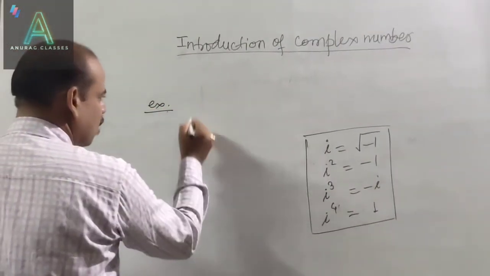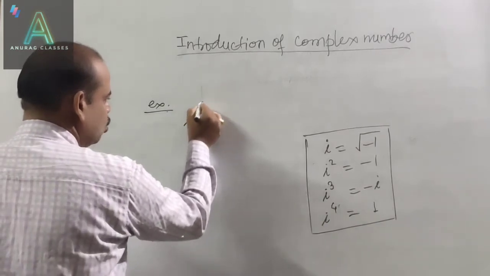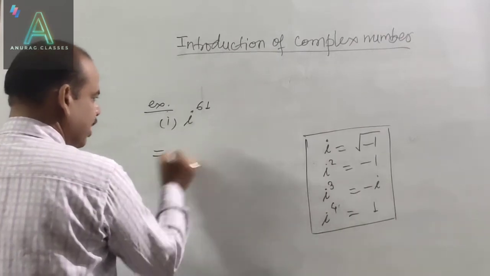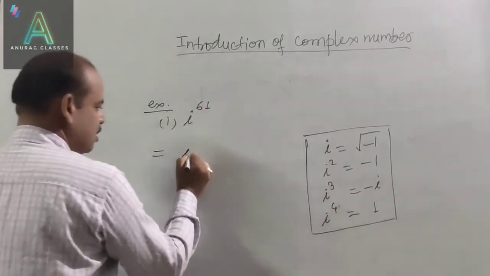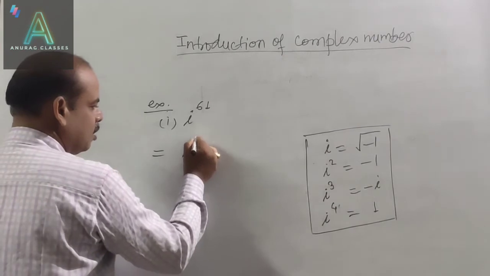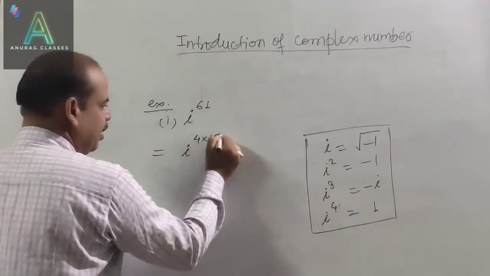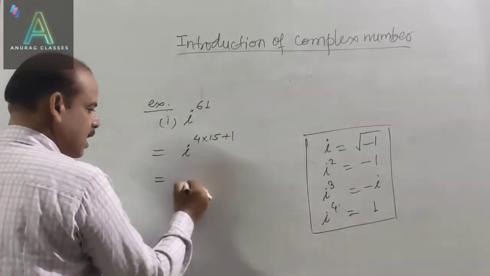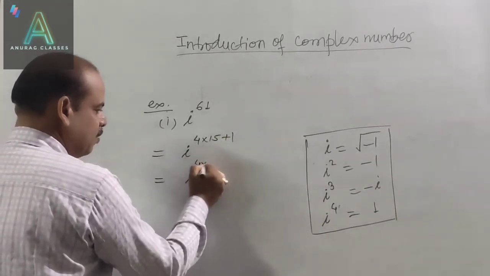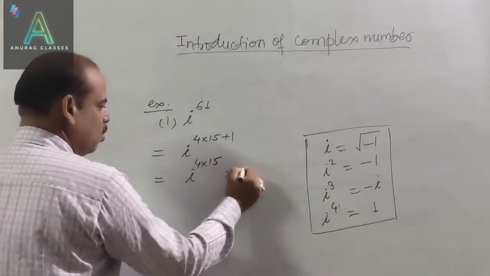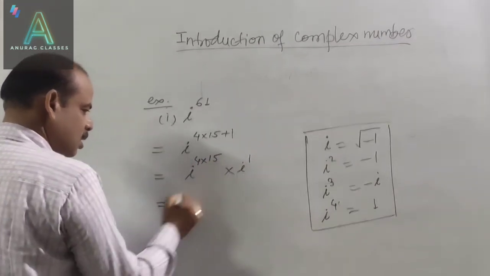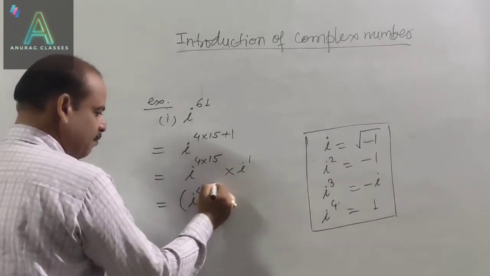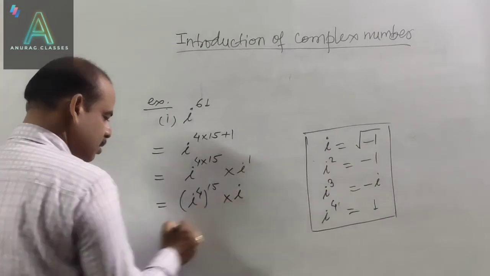Example: what will be the value of iota to the power 61? We can write iota to the power 61 as iota to the power 4 into 15 plus 1. 15 times 4 is 60, and 60 plus 1 is 61. This can be written as iota to the power 4 whole to the power 15 into iota.